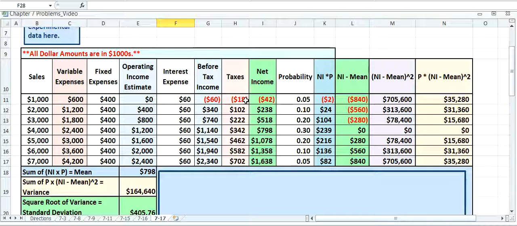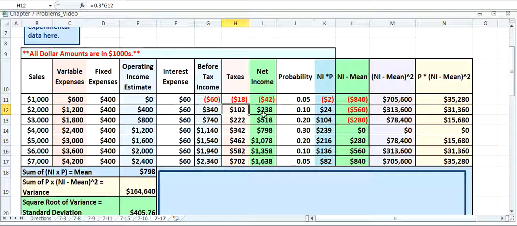And then we're going to compute taxes, which are going to be 30%. If you follow my cursor up, this pink column right here is just multiplying our before tax income by 30% in order to get our tax amount.